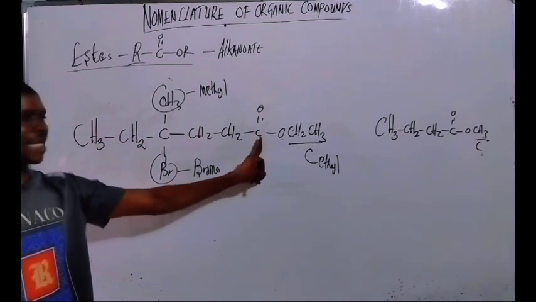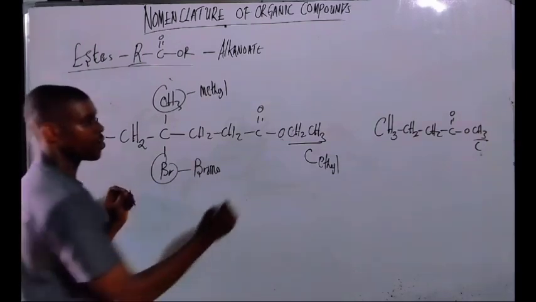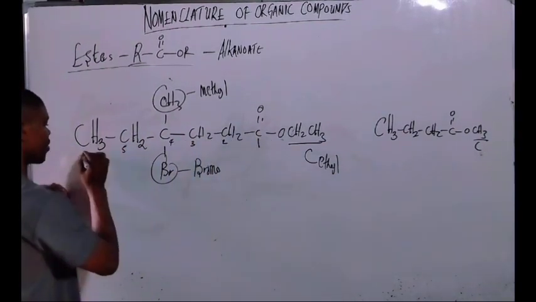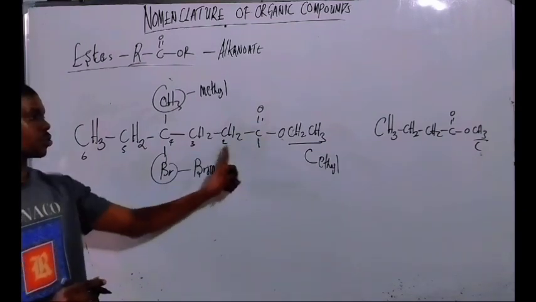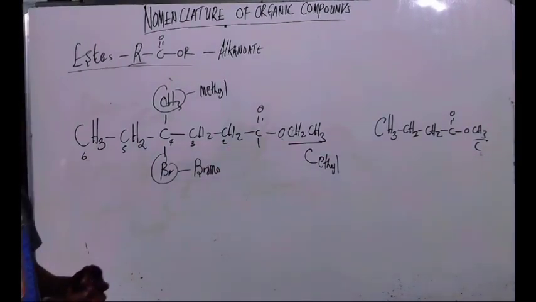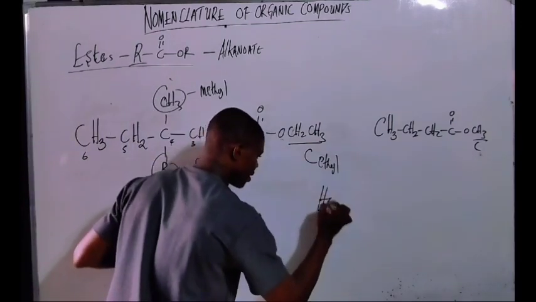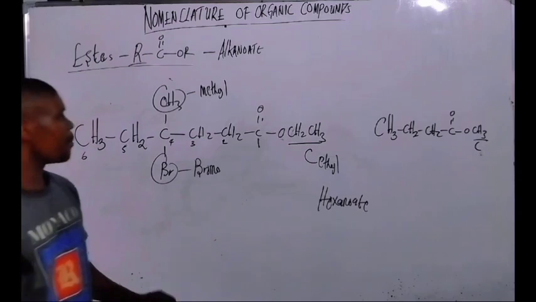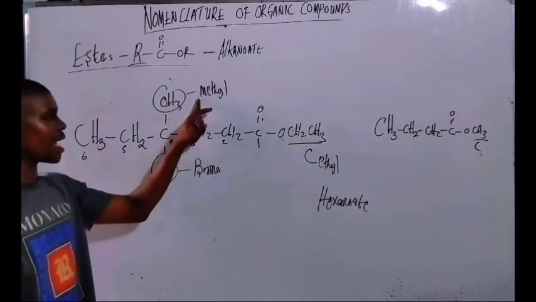From here to here, remember, here was my carbon 1. So here we have 1, 2, 3, 4, 5, and 6. So it's going to be hexanoate.